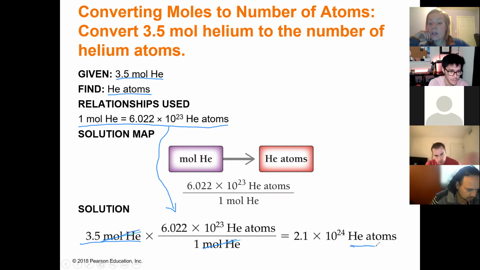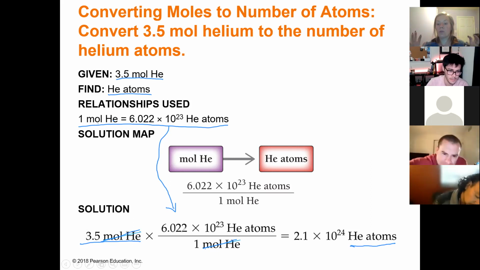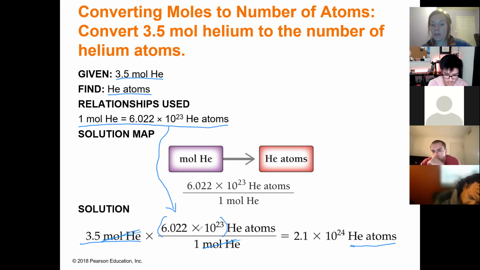I want you to go ahead and plug this into your calculator, this one and the next one, because I want you to get comfortable with using your exponent button, either that EE button or times 10 to the 23rd. If you're using times 10 to the 23rd, get into the habit of putting it in parentheses. I would just do it all the time, but definitely when it's under the fraction bar.